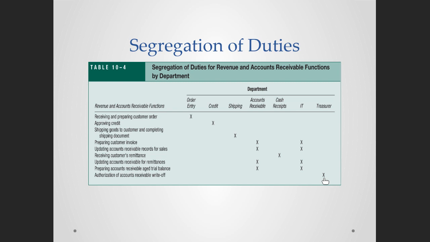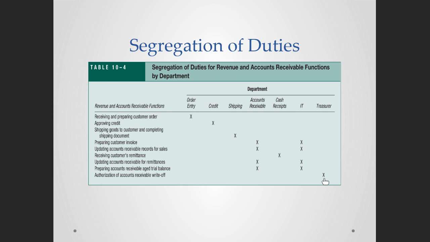So the treasurer approves any write-off. The accounts receivable department cannot authorize it. It has to go to the treasurer. Once the treasurer approves that this accounts receivable should be written off, the customer will no longer get a bill for that invoice, for that sale.